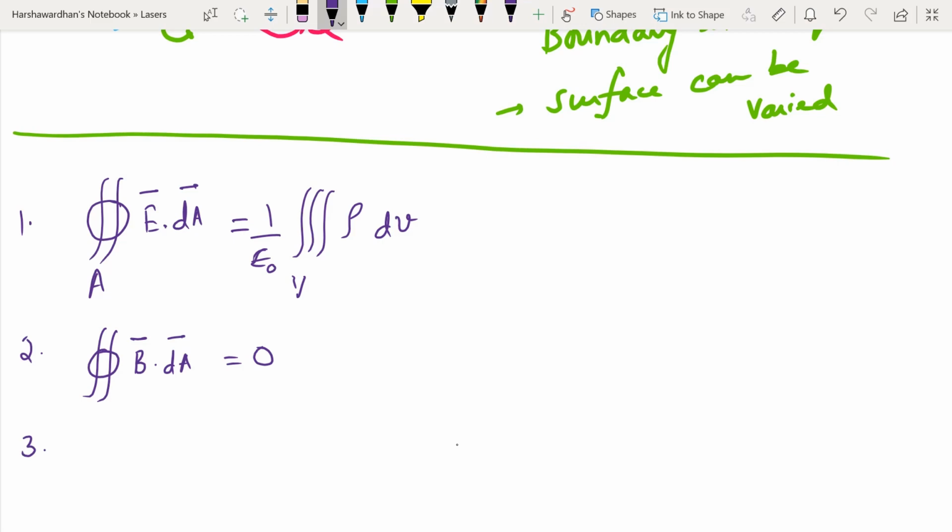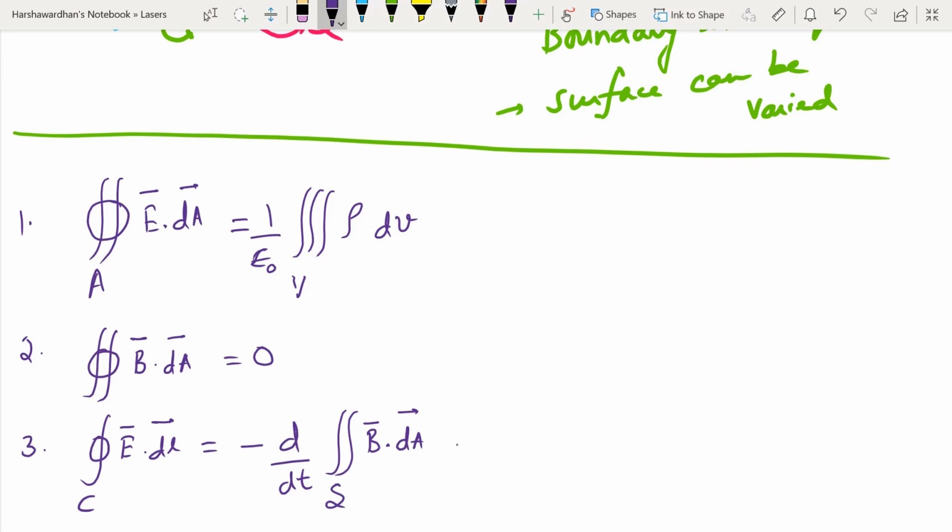So the third Maxwell's equation is the Faraday's law, which tells you that if I am looking at the EMF or E dot dl, which is the force per unit charge across a closed path C, this arises because of a time dependent change in the magnetic flux, which is B dot dA.